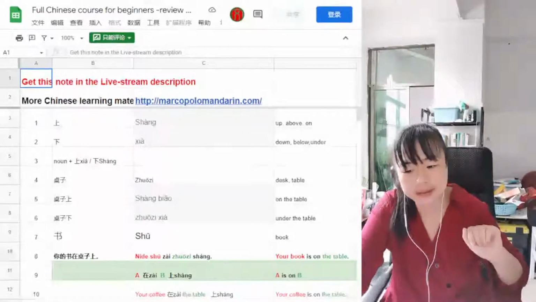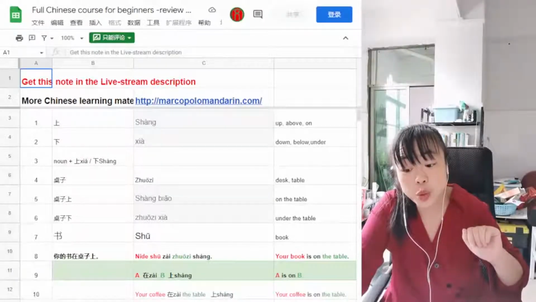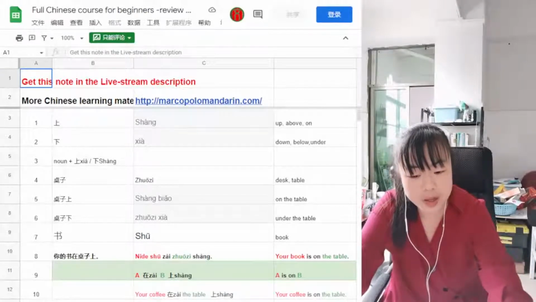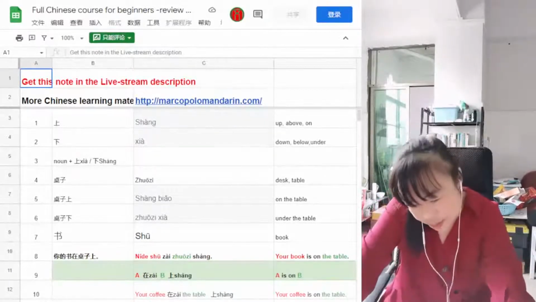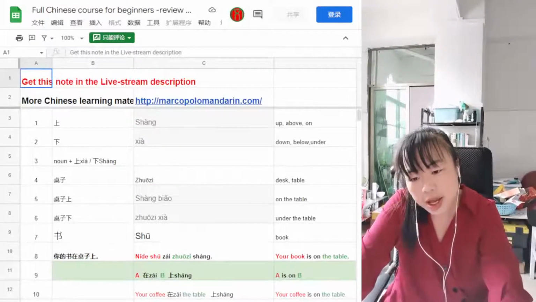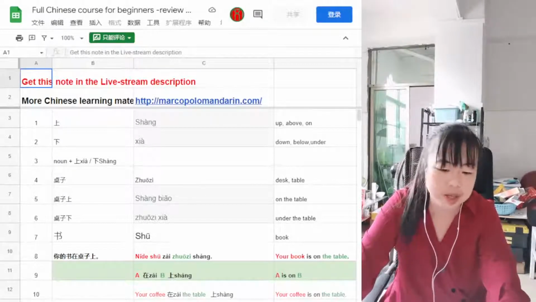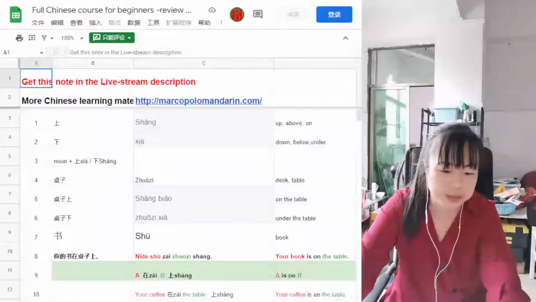Okay, now let's move those words into the right order according to the pattern. I also mark the pattern with light green. Now it's easier for us to find the pattern.